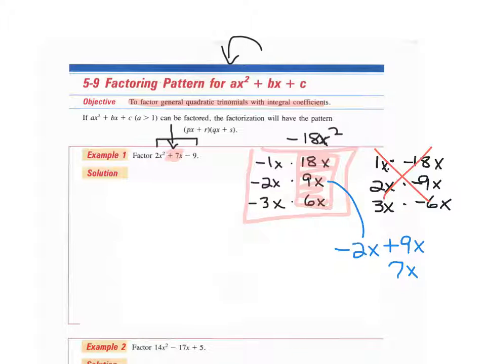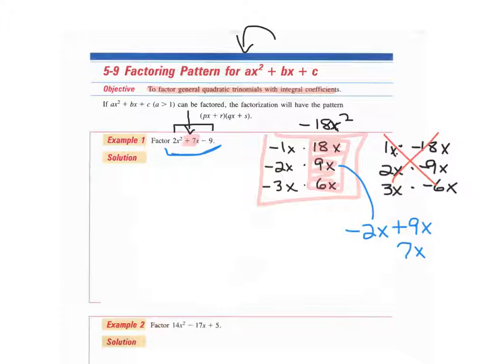So now that I found the 2 factors, now I'm going to turn my trinomial into a 4-term polynomial. So what I'm going to do is I'm going to rewrite the first term, the 2x squared. I'm now going to replace this +7x with these 2 factors I just found.